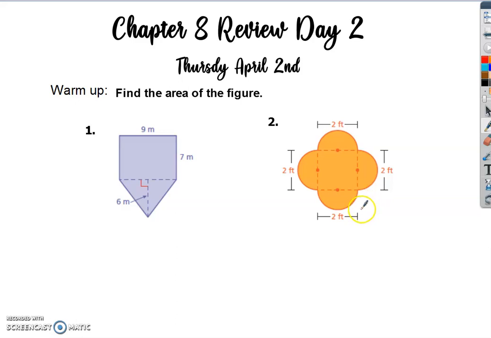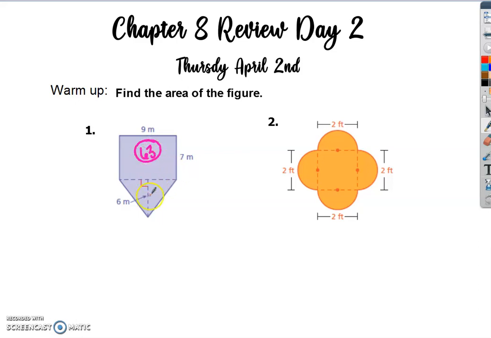Here we go, number one. Number one is a rectangle attached to a triangle. So I'm going to find the area of the rectangle and the triangle and then add them together. The area of a rectangle is length times width. 9 times 7 is 63. So the area of this rectangle right here is 63.